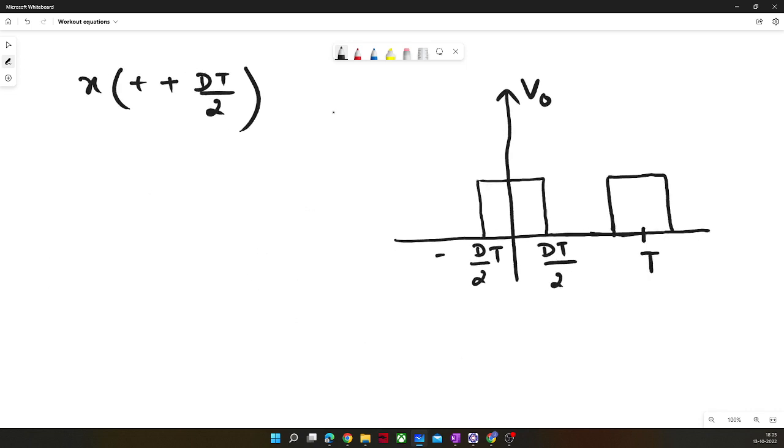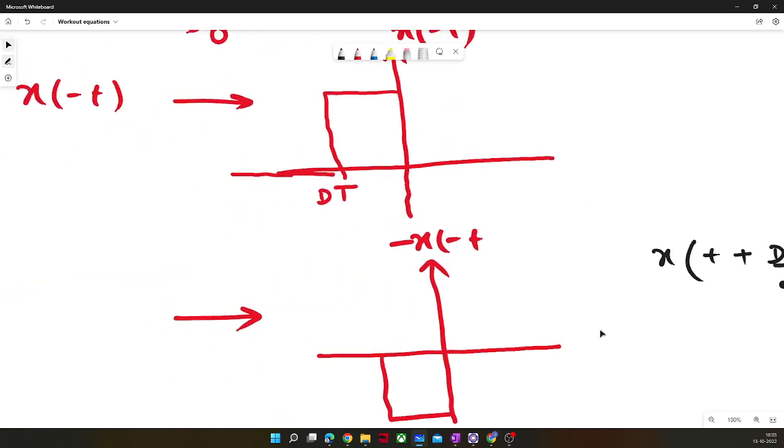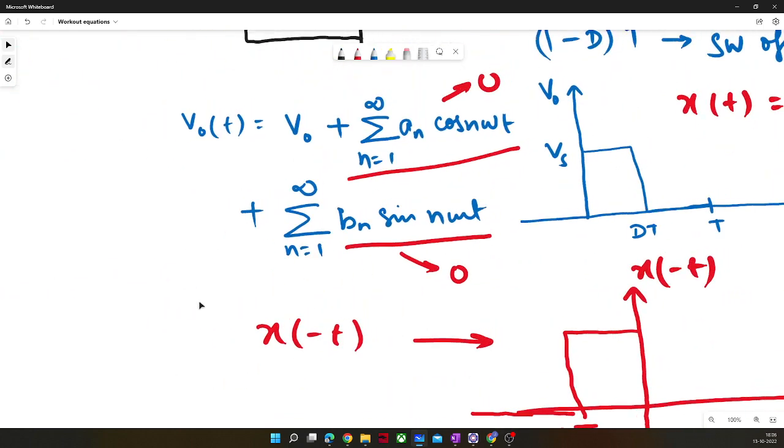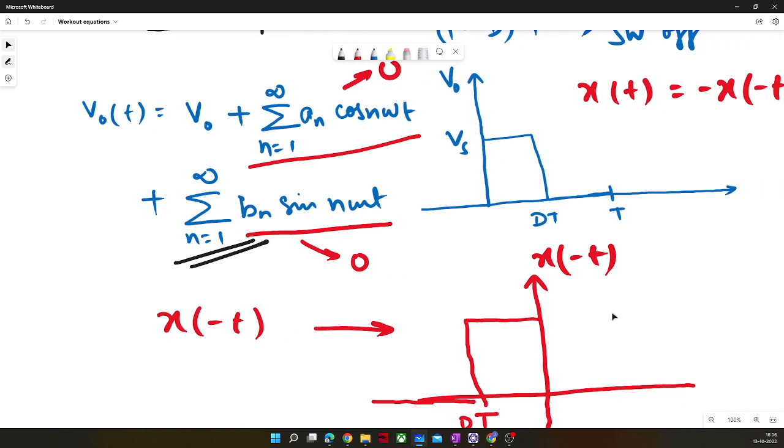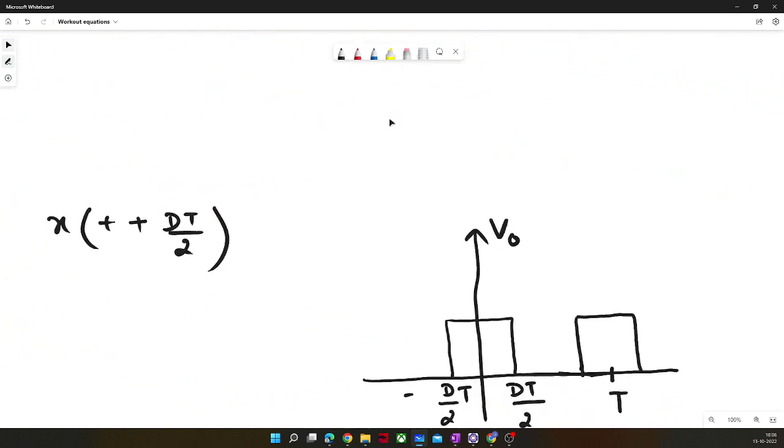If this is an even function, then the Bn terms would be 0, because if you integrate it, you will get 0. Let me also write the expression of An.